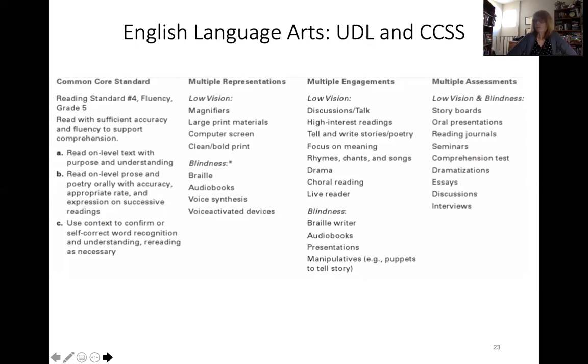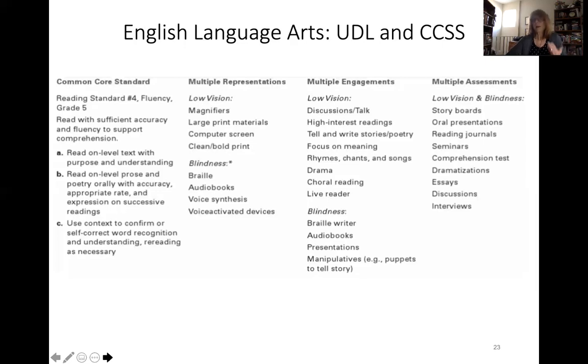We may focus on the meaning in a direct teaching moment. We may talk about choral reading. We may provide someone who sits and reads. Again, with someone who does not have the reading visual ability, there are other ways of providing opportunities to create storytelling.